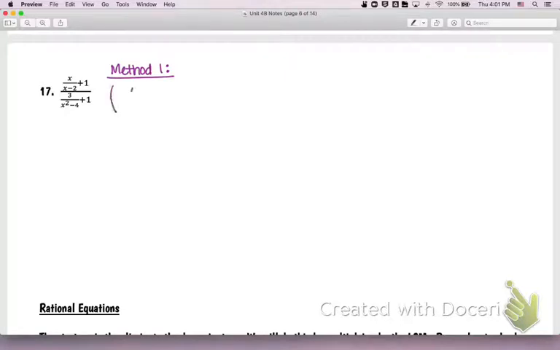The first thing we're going to do is the top problem, x over x minus 2 plus 1, and then we're going to divide that by the bottom problem, 3 over, I'm going to factor this, x plus 2, x minus 2, and then plus 1. That's the process that you're following. It's always going to be the top problem divided by the bottom problem when you're doing method 1. So we'd have to multiply here by x minus 2 over x minus 2.